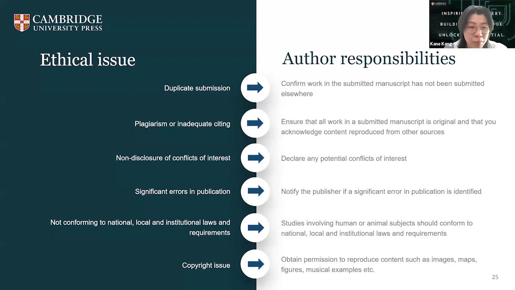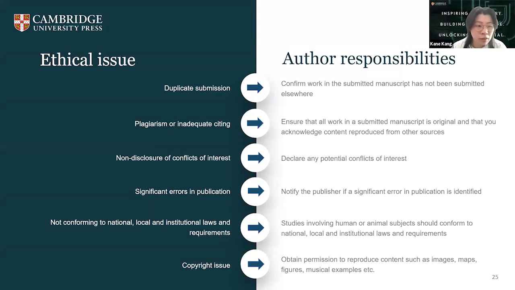And number 2, plagiarism or inadequate citing. Authors need to ensure that all work in the submitted manuscript is original and that you acknowledge content reproduced from other sources. So don't copy, don't plagiarize. That could influence your future career so much.